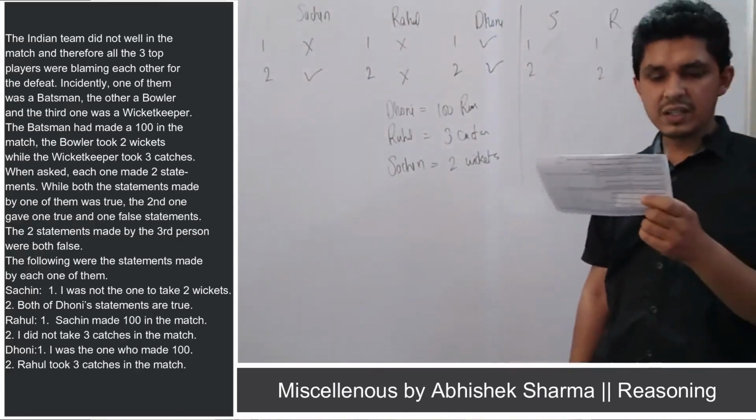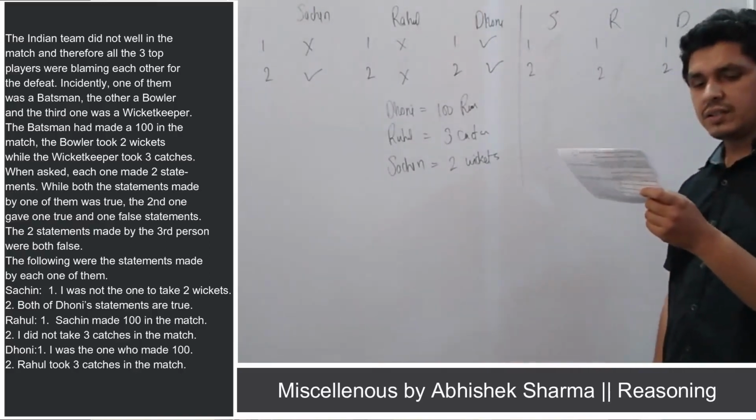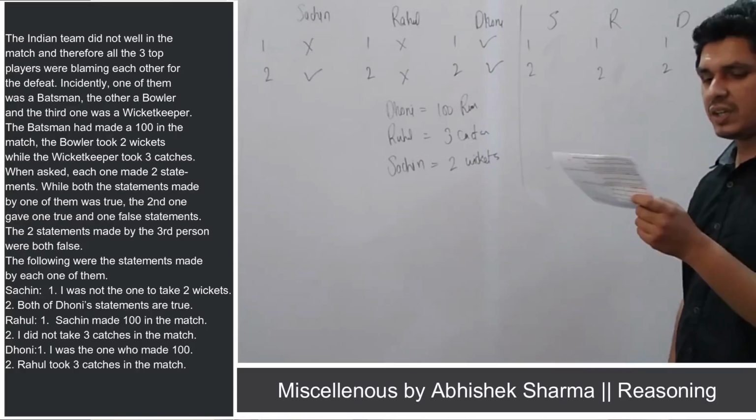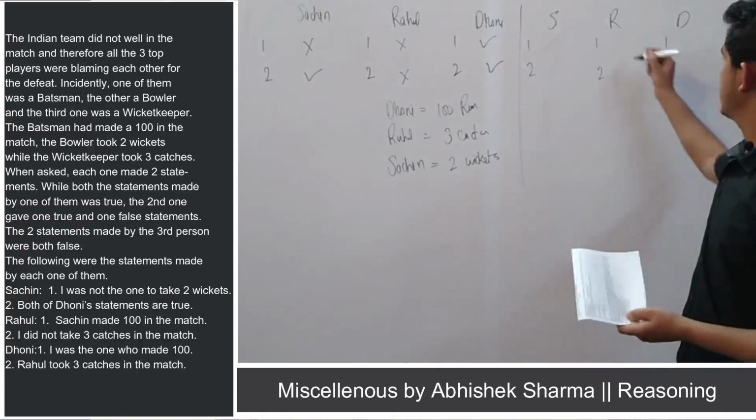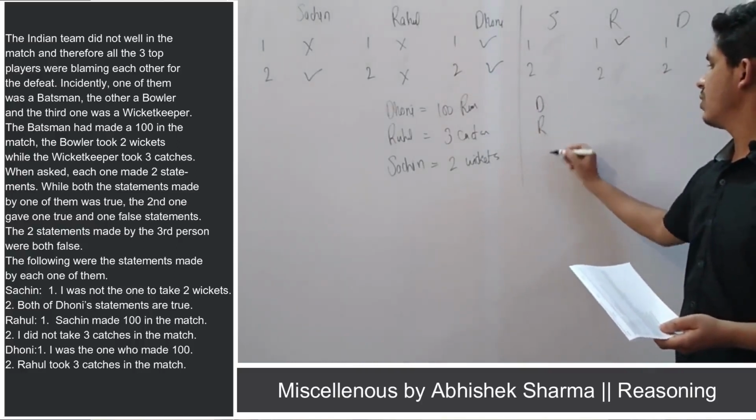If we check another case that can be made in the question, like the statement of Rahul is, Sachin made 100 runs. I am making this statement correct, right? So here we have 3 persons, Dhoni, Rahul and Sachin.